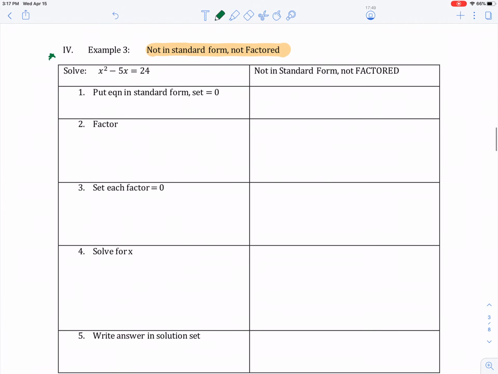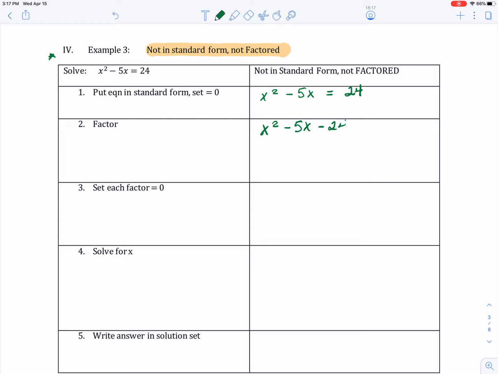All right, here's one that is not in standard form and it is not factored. So I'm noticing here that I've got x squared appearing first, negative 5x appearing next, and then here's the equals, and over on the right-hand side I have a 24. Well, I need to have a 0 over on that right-hand side, so I'm going to leave these first two as they are.